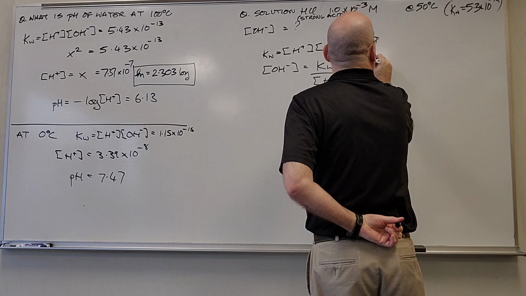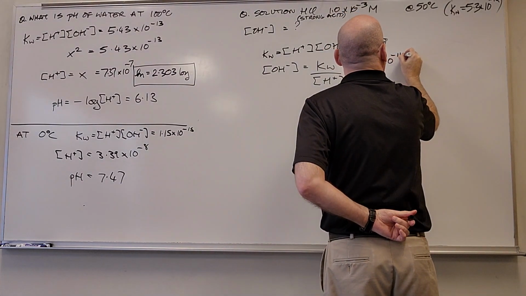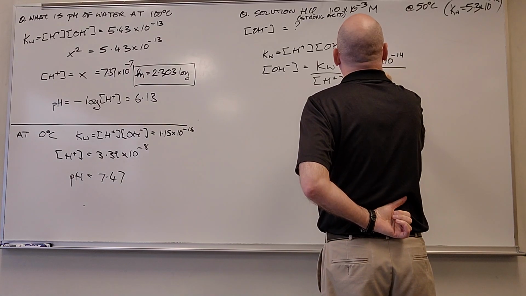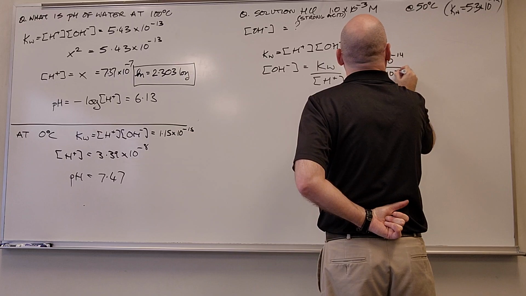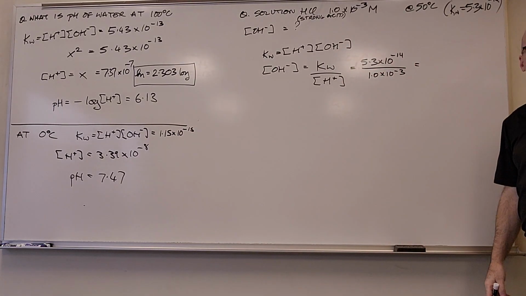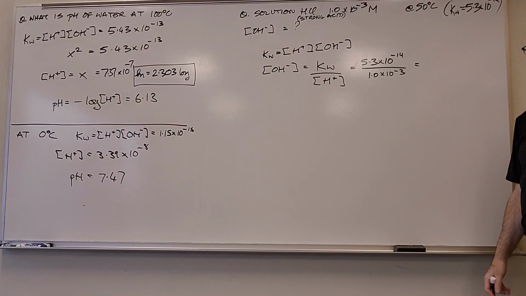So this is 5.3 times 10 to the negative 14 over 1 times 10 to the negative 3. Oh, we don't even need a calculator for that, because that's a 1.